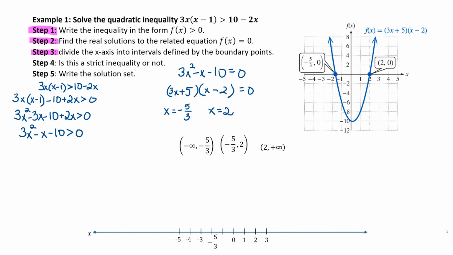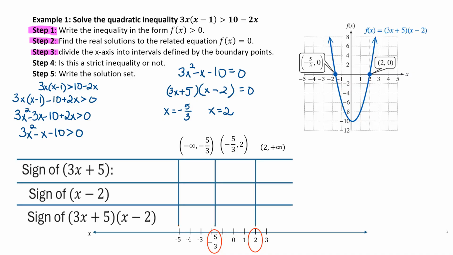We're going to look at the x-axis and just mark those two zeros. And we're going to make a chart where we look at what's happening to each factor on those intervals. For the interval from negative infinity to negative 5/3, we can just try one of the values in that interval for x. Negative 2, if we try that, we get 3 times negative 2 plus 5, which is negative 1.